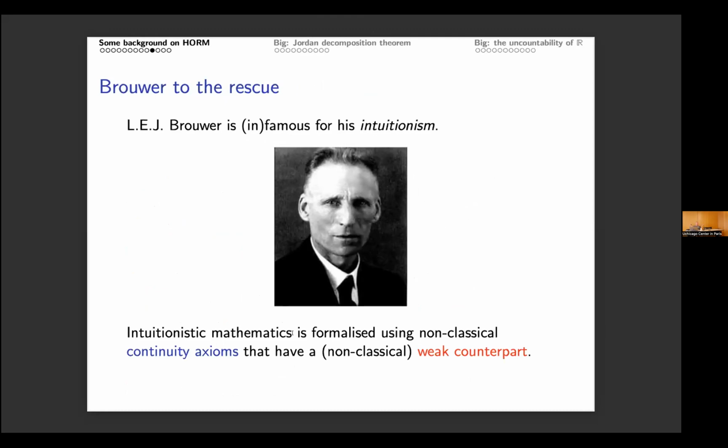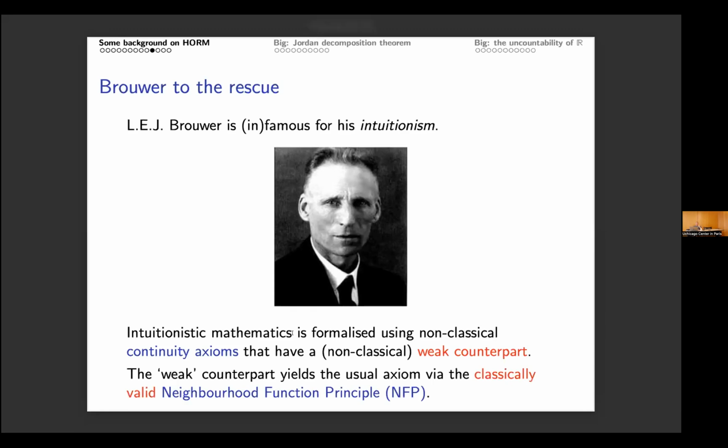Because Brouwer could prove that all functions are continuous, the canonical model of type theory. Now, these continuity axioms, they have a non-classical weak counterpart. So there's continuity and there's weak continuity. How do you connect them? NFP. So Kreisel, Troelstra, and van Dalen have looked at this. NFP is classically valid and it connects Brouwer's strong and weak continuity axioms.